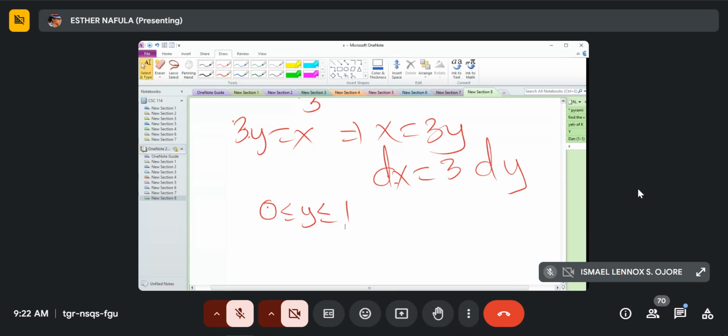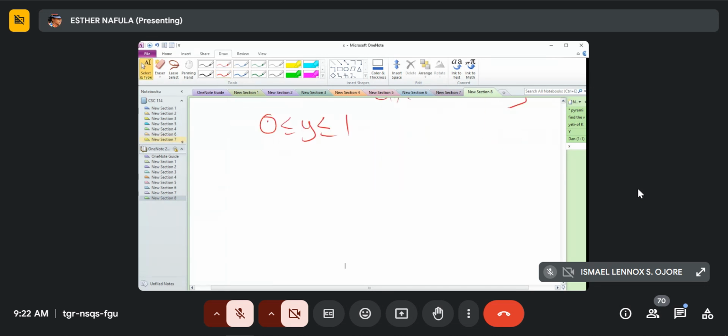We go back to our equation. I don't think there's need to rewrite the whole thing. We can just do the substitutions in the interest of time. So we're integrating from 0 to 1.